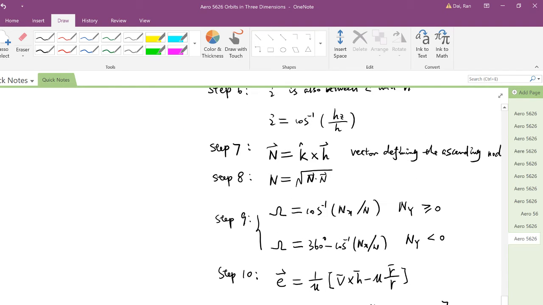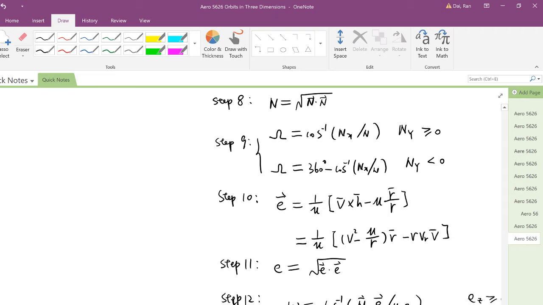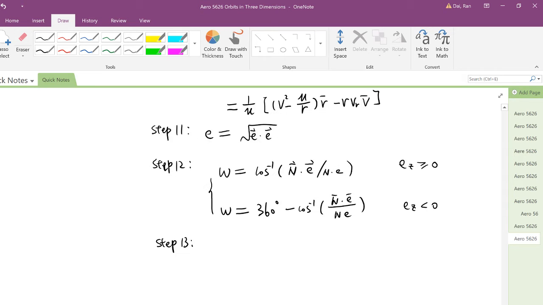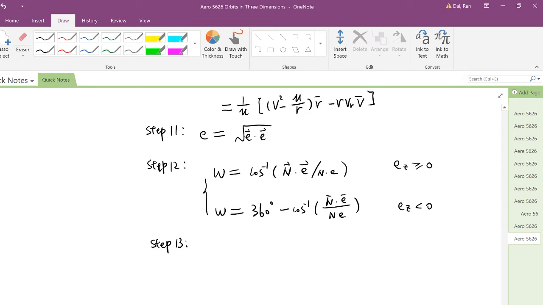So we also need to identify its quadrant. The angle theta here is defined by the E vector and R vector.